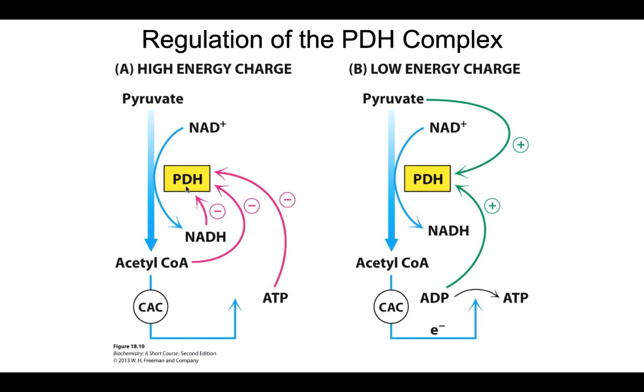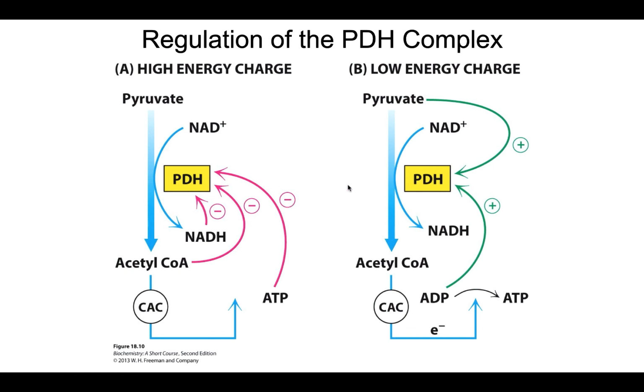So basically, things that would inhibit the PDH complex are indicators of high energy, which means if you've got a lot of NADH, a lot of ATP, a lot of acetyl-CoA, you've got plenty of energy, and the cell does not need to make any more high energy compounds or break down any more high energy compounds. And so these molecules are allosteric inhibitors of the PDH complex.